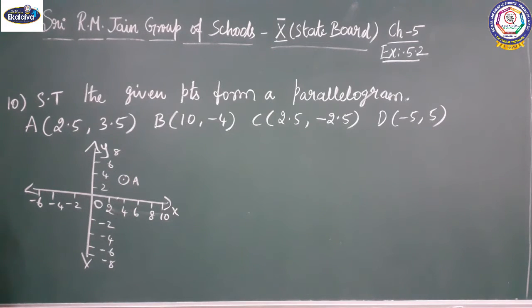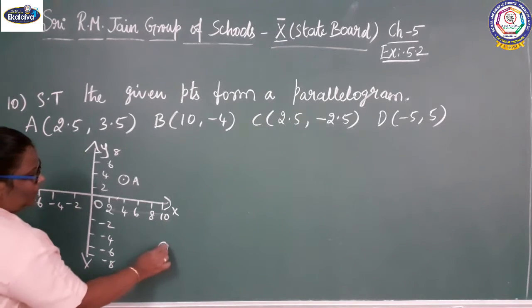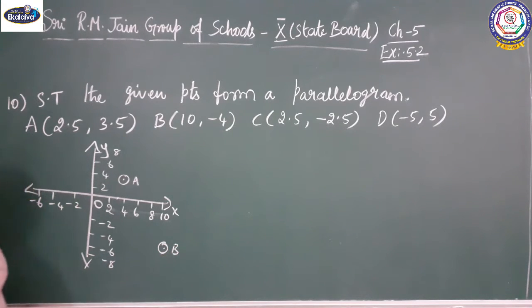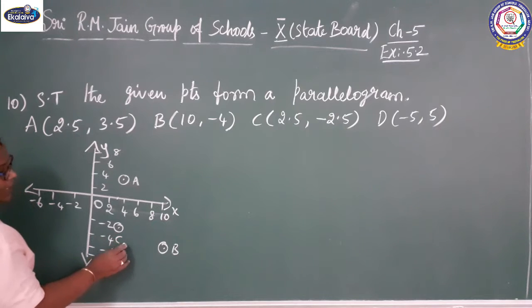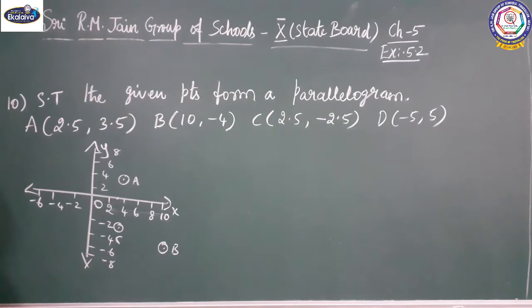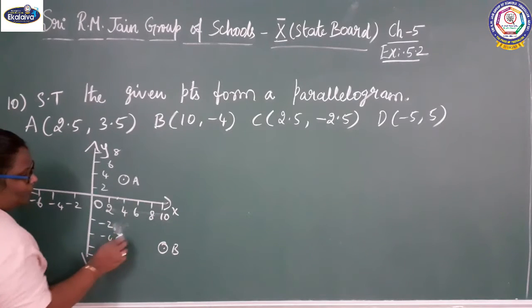Next, A value is 2.5, 3.5. B value is 10, minus 4. C value is 2.5, minus 2.5, approximately like this.